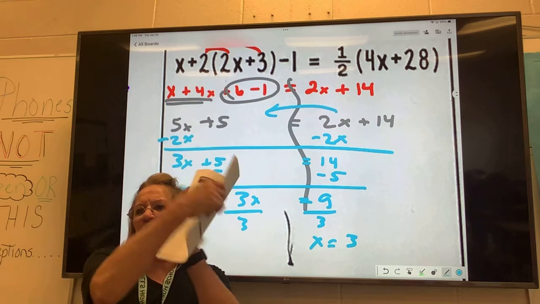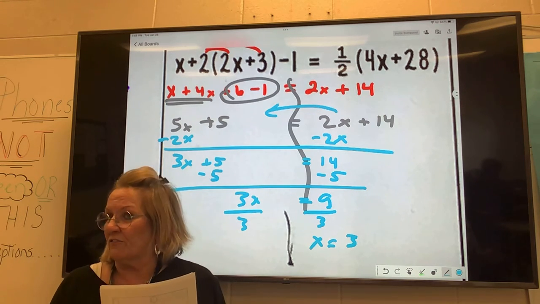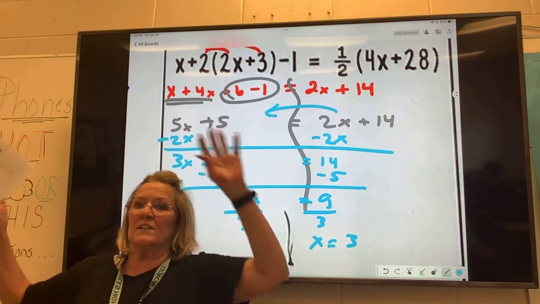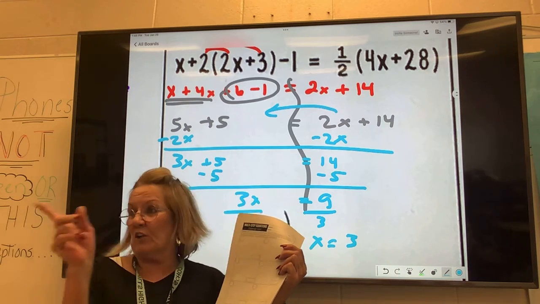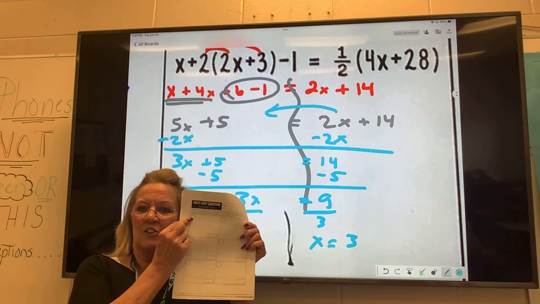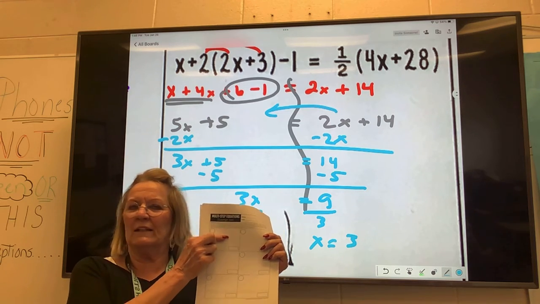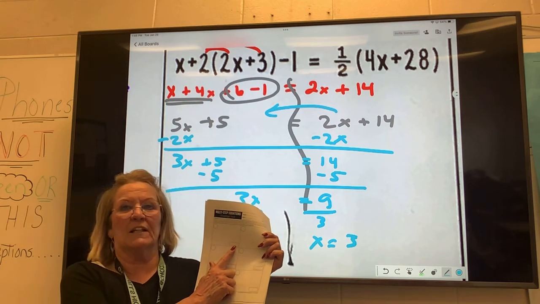Okay, pay close attention. Let's say this group goes to station F. Then that group's going to go to station H. Everybody goes to different ones, so everybody's not on one. If you go to station F, starting there, you're going to put an F in that little circle. Then you're going to write the problem and do the work right here. And let's say the answer to that F was 2. You're going to put a 2 in the box down here.